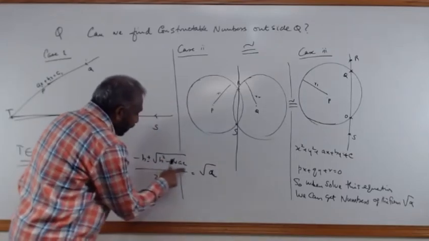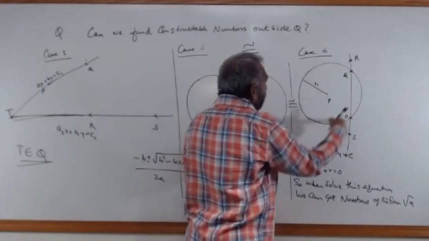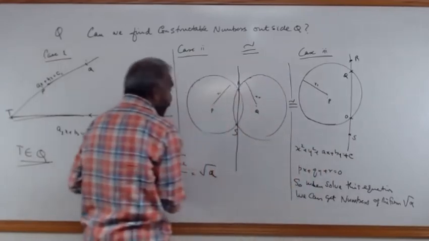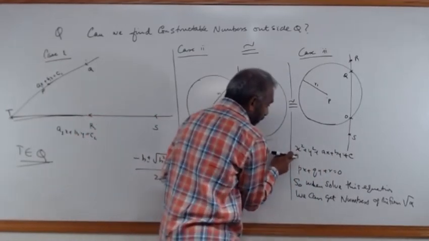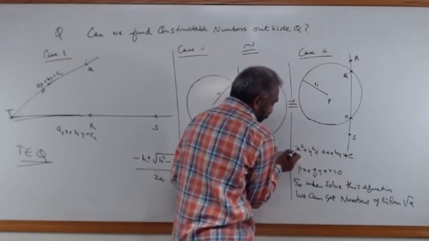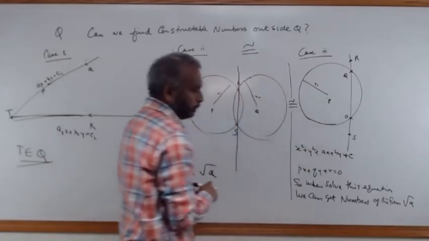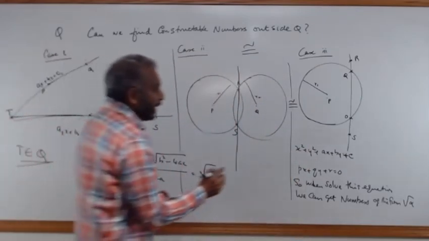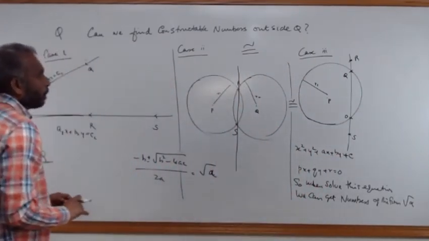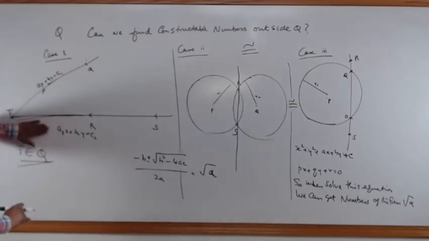This will be always positive because of the nature of the circle. This is not any quadratic equation. It's a quadratic equation of a circle and a line. See, the coefficient of x square and the coefficient of y square are same, and we don't have xy and all stuff. So here we are not adding any new numbers.